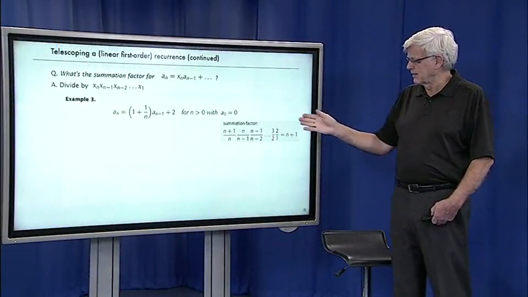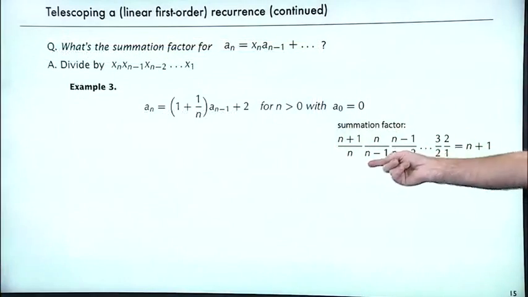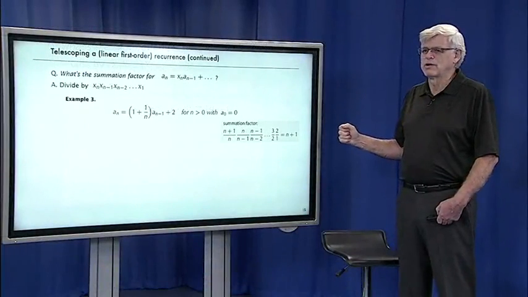And if you look at this product, in this case, everything cancels. The n's cancel, n minus 1 cancels, all the way down to the 2's. So all that's left is the n plus 1. So that says the summation factor is n plus 1.